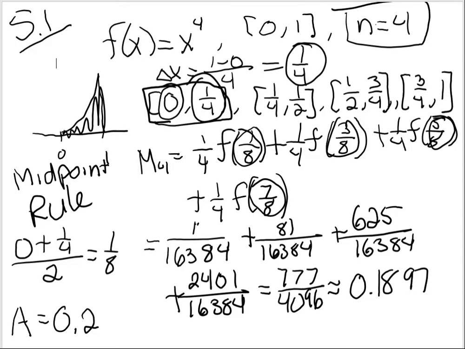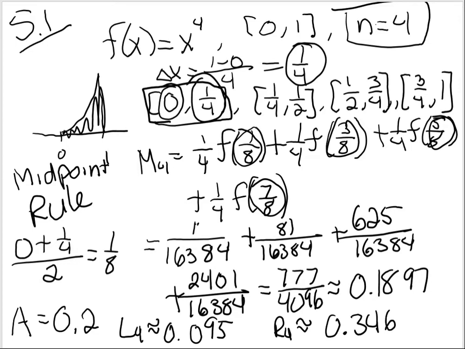Now, if you look at what we had for L4, that was approximately 0.095, and R4 was approximately 0.346.